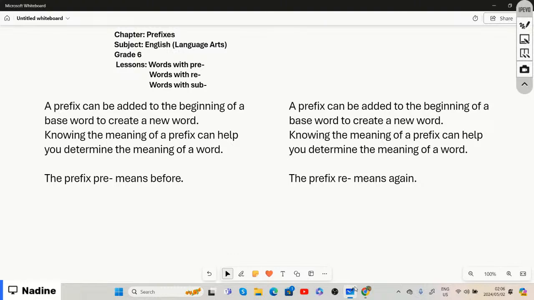All right. So when it comes to prefixes, prefixes can be added to the beginning of a base word to create a new word.